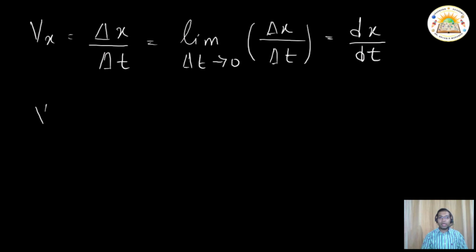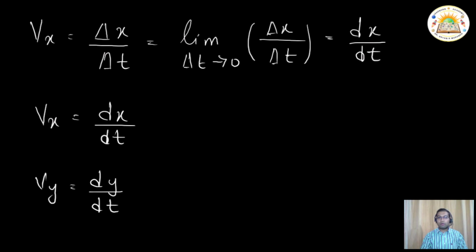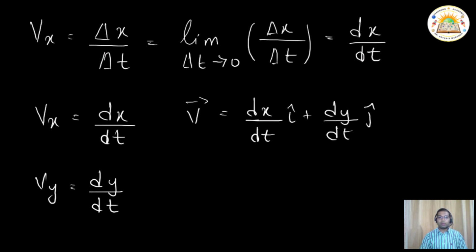So my vx, I can write it as dx by dt, and similarly vy can be written as dy by dt. So our final v vector could be written as dx by dt i cap plus dy by dt j cap, or vx i cap plus vy j cap.